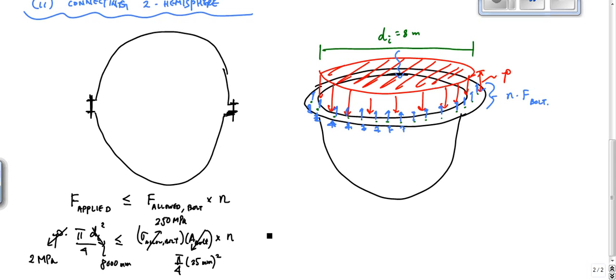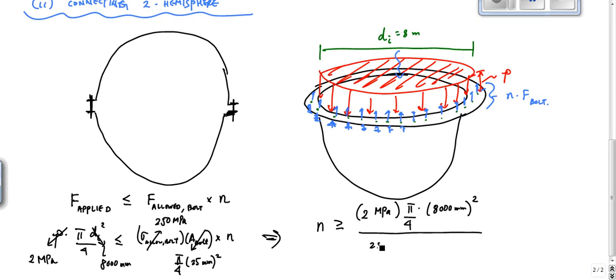Doing the algebra, N is greater than or equal to 2 megapascals times pi times 8,000 millimeters squared divided by 4, divided by 250 MPa, divided by pi over 4 times 25 millimeters squared.